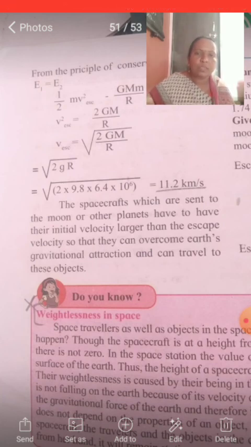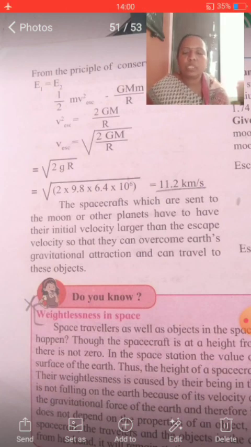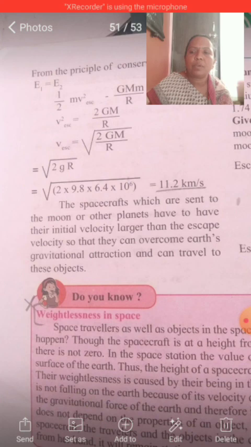Then we see Earth's gravitational acceleration, which is applied due to gravitational force. It is denoted by small g, and the factors which affect it are the change along the surface of the Earth, change with height, and change with depth.